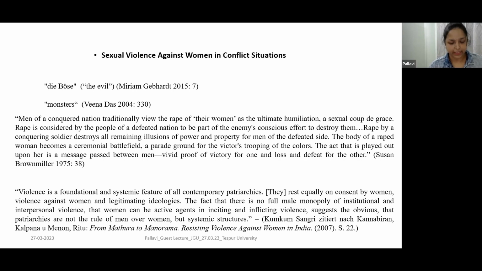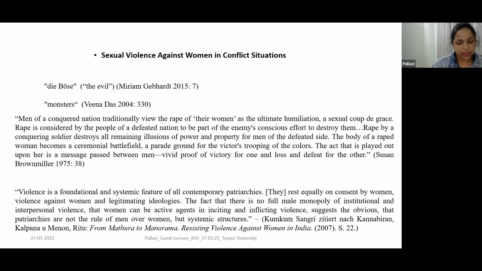Since we are talking about 1945, it is the space where sexual violence against women took place with the marching of the so-called liberators. Therefore, these spaces should be referred to as conflict regions. And there are ample historical examples to see how these conflict regions become a battleground for rape and sexual violence against women as a weapon of war.